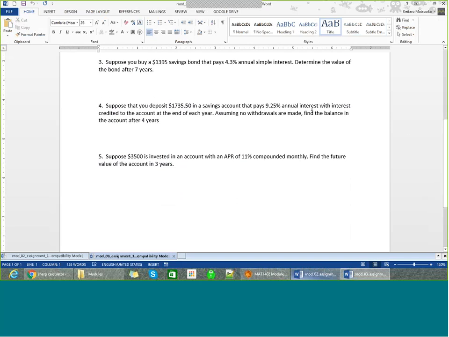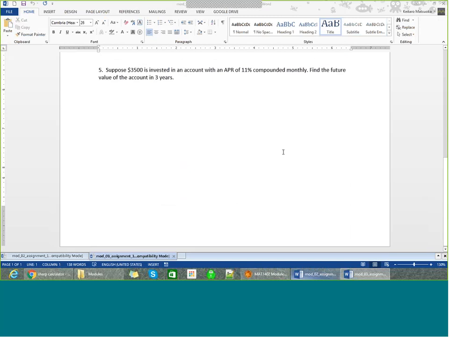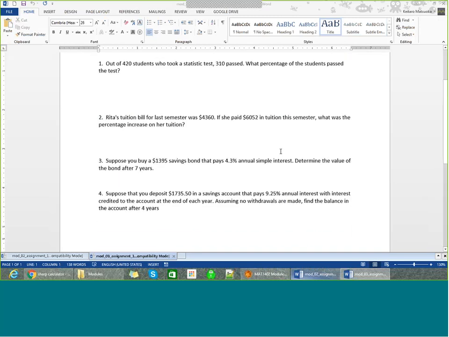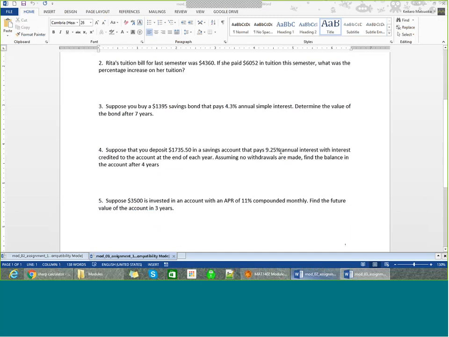Annual interest, that's the annual compounding, so that's number 4. And number 5 is monthly compounding. We did all that too. So you should be able to do the assignments pretty fast. We cover all the formulas. So basically the key thing is you punch in the right numbers in the right place.